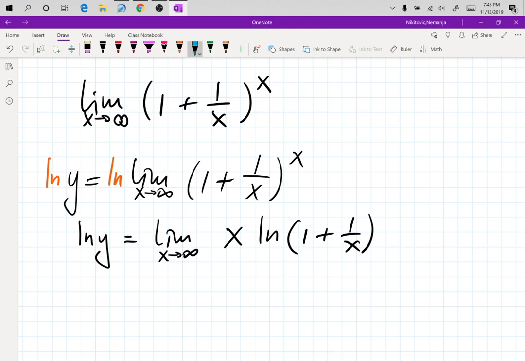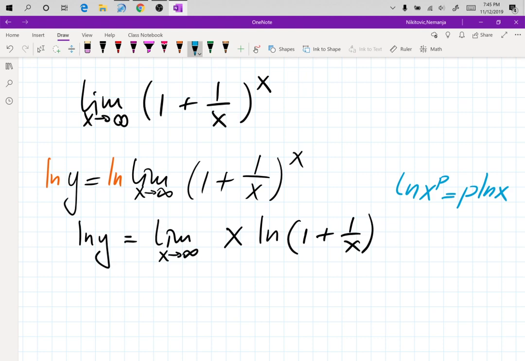All right, so ln of x to the p is p ln x. So that's how this x exponent went in front of ln. That is the formula you learned all the way in pre-calc 1.